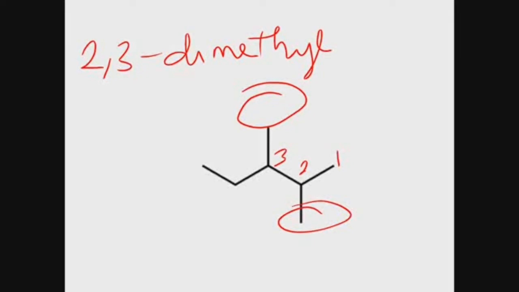So these 2, 3 represent the carbon atoms on which the methyl functional groups are present. Di means that there are 2 methyl functional groups. So 2,3-dimethyl pentane. You don't need a hyphen here. Pentane. Why 'ane'? Because there's no double bond present. So this is 2,3-dimethylpentane. Pretty straightforward, easy to go.